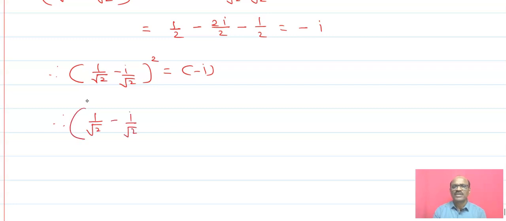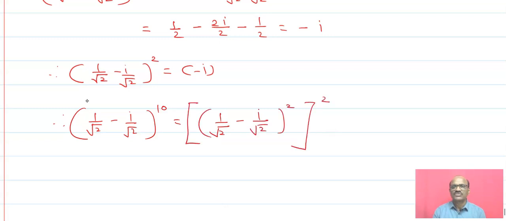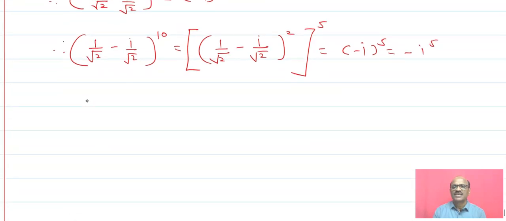Therefore, (1/√2 − i/√2) raised to 10 is equal to ((1/√2 − i/√2)²) raised to 5, that is (−i) raised to 5.